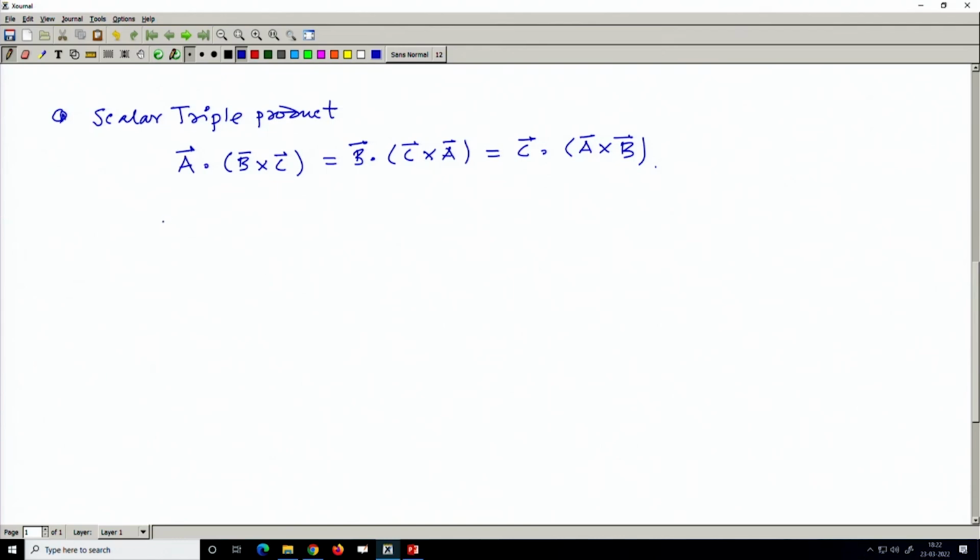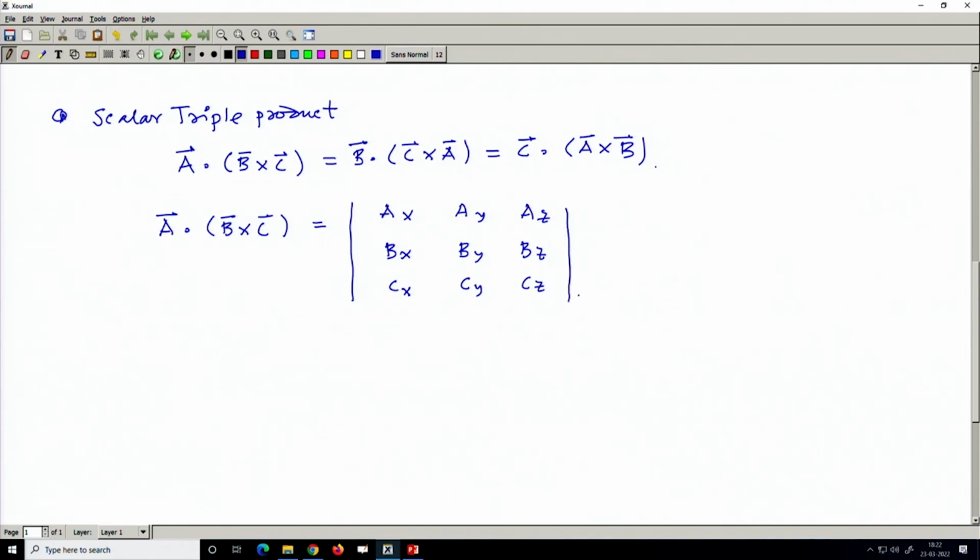What is the meaning of A dot B cross C? This is nothing but the determinant with rows A x, A y, A z, then B x, B y, B z, and then C x, C y, C z.